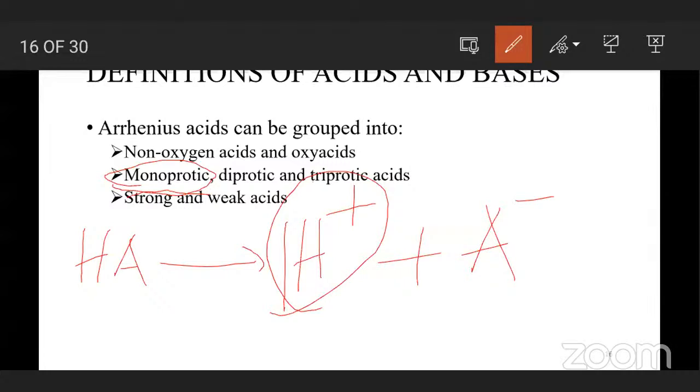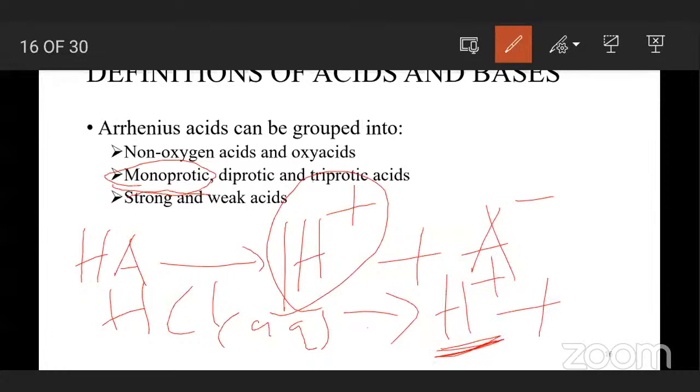It has just one ionizable hydrogen ion. I hope you are following. An example of that is HCl. You may dissolve it in solution, and that gives us H+, it's a monoprotic acid, plus Cl- aqueous.